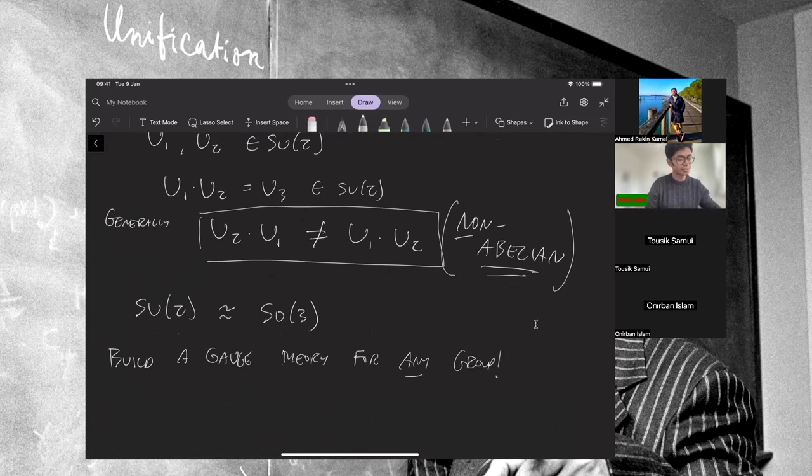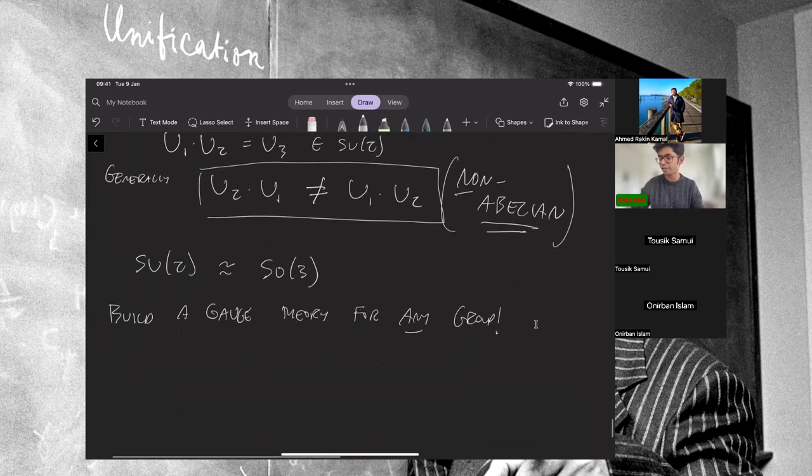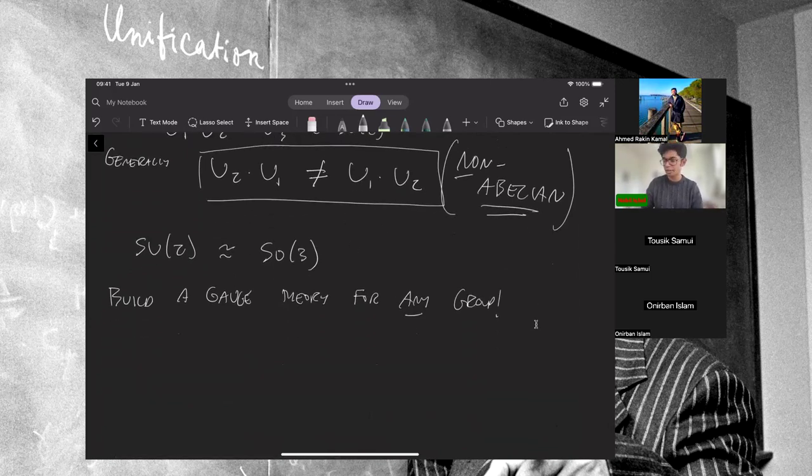And so for the rest of this, we're going to construct a gauge theory for a non-abelian group. In other words, we're going to construct a gauge theory for SU2. Okay. I'm going to do it for SU2, but I'm going to try to make the formulas general enough that it'll work for any SUN, but you'll see that as we go.